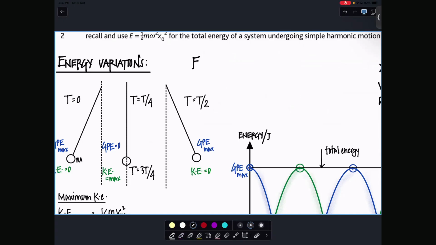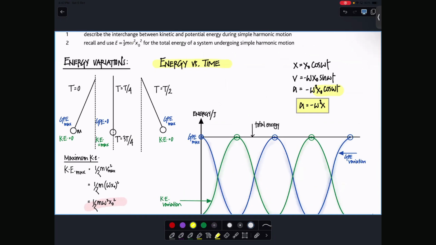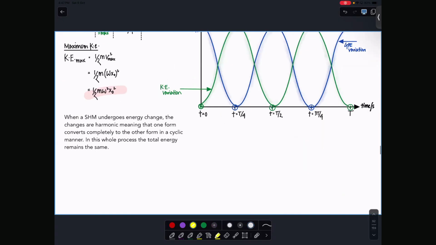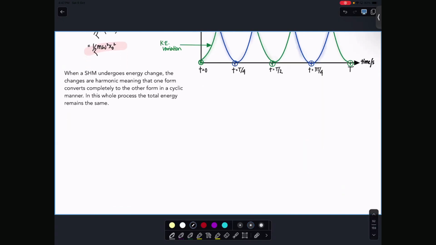This is energy versus time. And the next graph we're going to do right now is energy versus displacement. How does energy change with displacement? Okay, so the same pages.